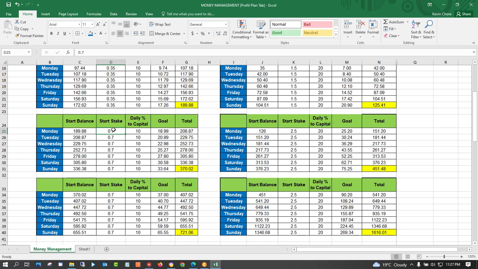You see, as you can see, even if I have $189, I'm still not staking with $10 or even $1, right? I haven't reached a point of staking with $1 as far as this is concerned.